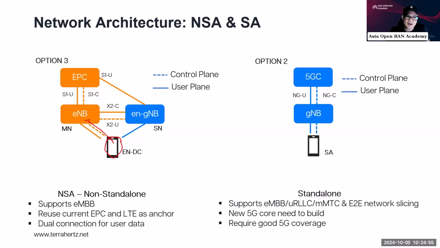So you cannot connect directly to 5G right away. You need to ask permission from the owner of the house. You need to get permission first from the owner of the house before you add a secondary node. So that is the beauty of option 2.